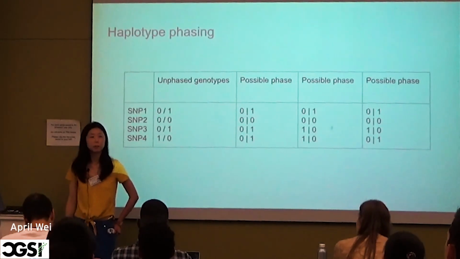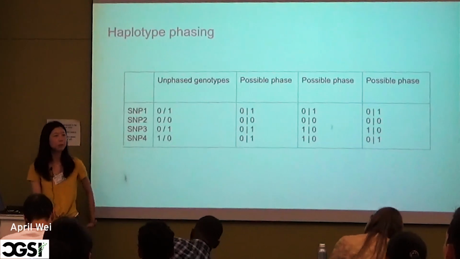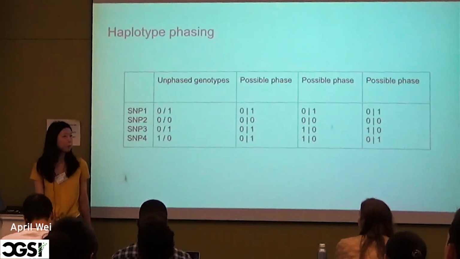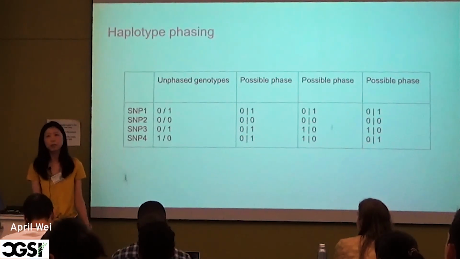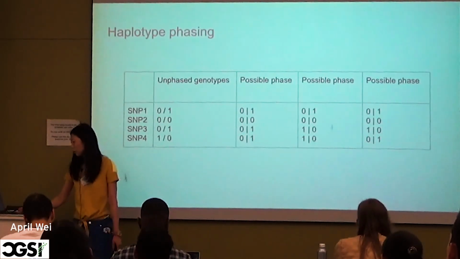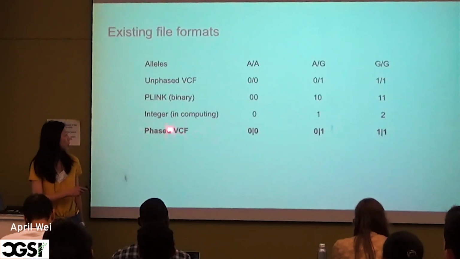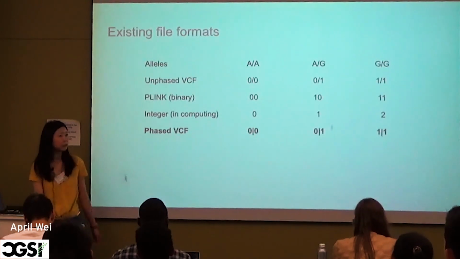Even though it's still computationally expensive, we now have access to phased whole genomes at the UK Biobank scale thanks to methods like BEAGLE and SHAPEIT. So this is readily accessible. For today's talk, I'm mostly going to talk about how we want to deal with this phased data.